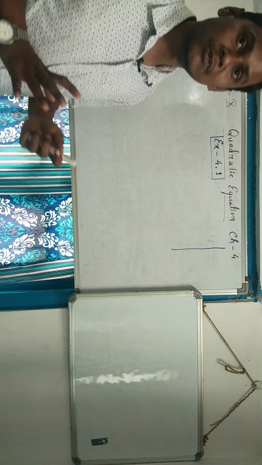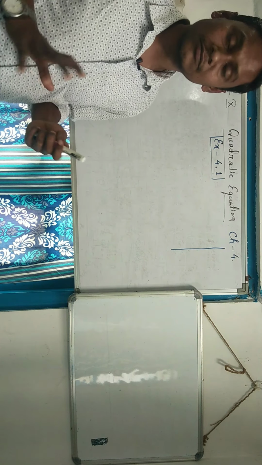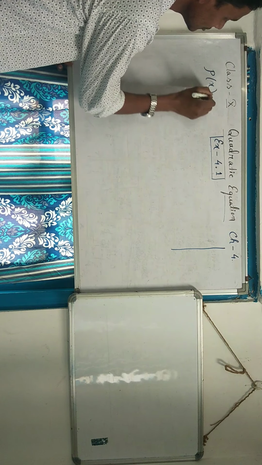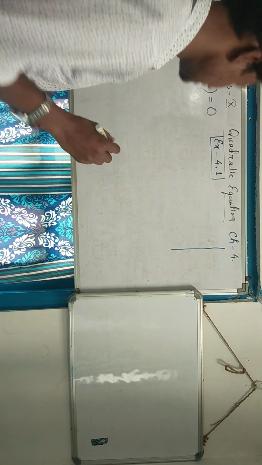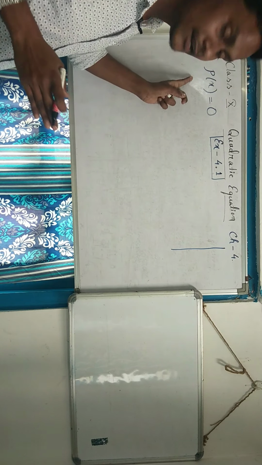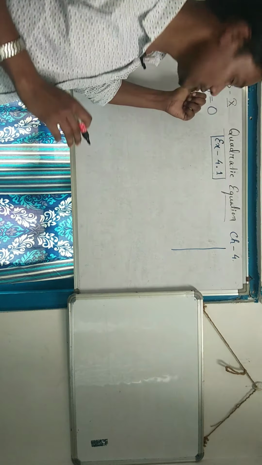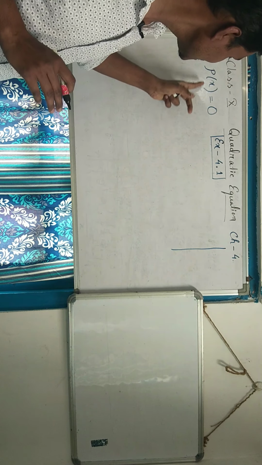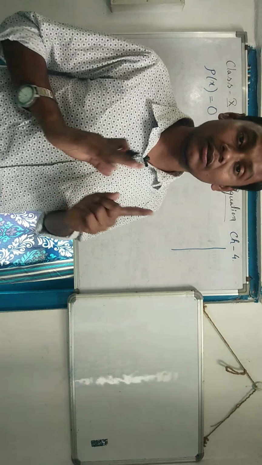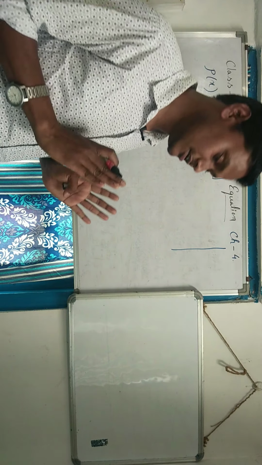A quadratic equation means an equation of the form p of x equal to 0, where p of x is a polynomial of degree 2. That type of equation is called a quadratic equation.